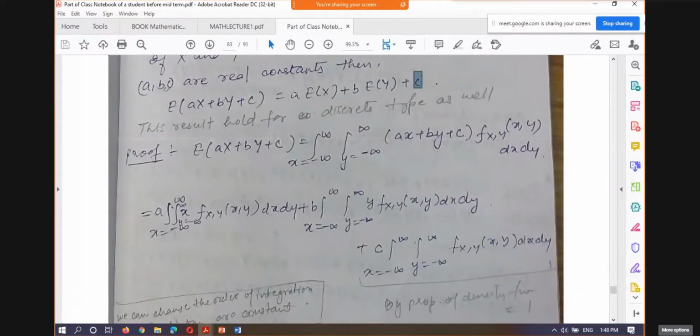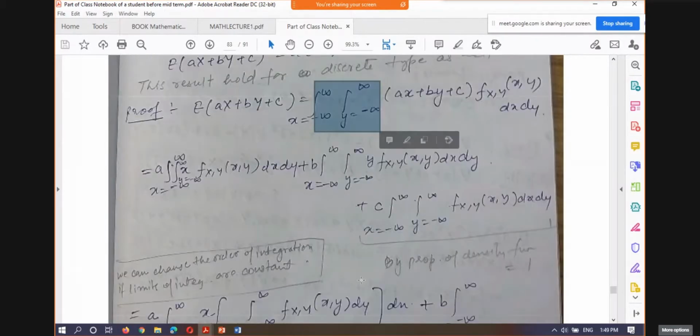For this, we have assumed that x and y are two continuous random variables, and ax plus by plus c is a function of two random variables x and y, like h(x, y). So if we replace x by small x and y by small y, we get h of small x comma small y, and then we multiply by the joint density function of x and y, and integrate with respect to x and y within the limits minus infinity to plus infinity for both.